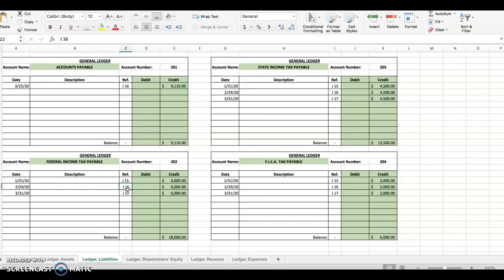This happens to be from journal page 16. And again, it's the same amount, credited $6,000. And now this one at the end of March, we just did, and it has been posted from journal page 17, $6,000. This account now shows a balance, which means we owe $18,000. That's how much we withheld from employees over 3 months.